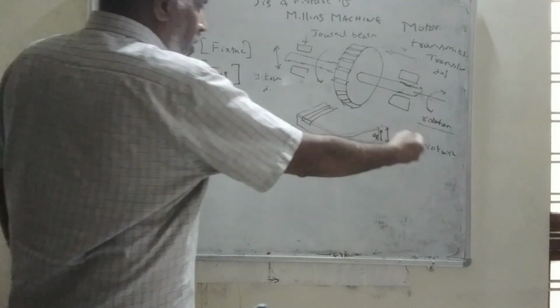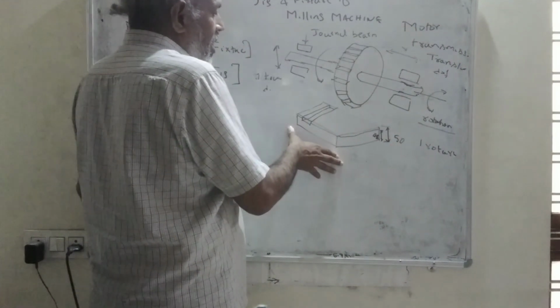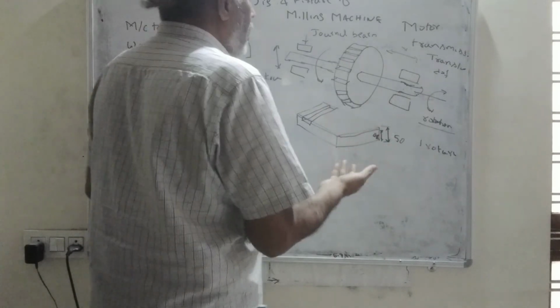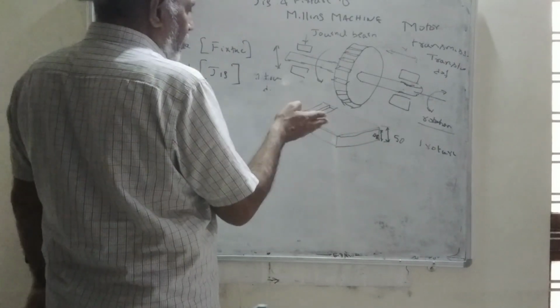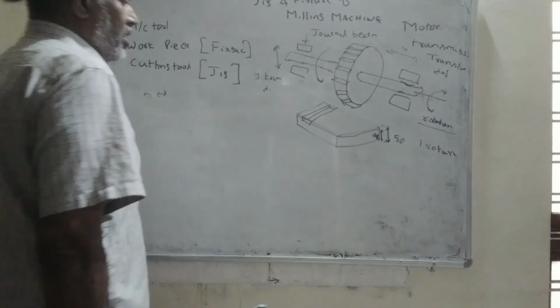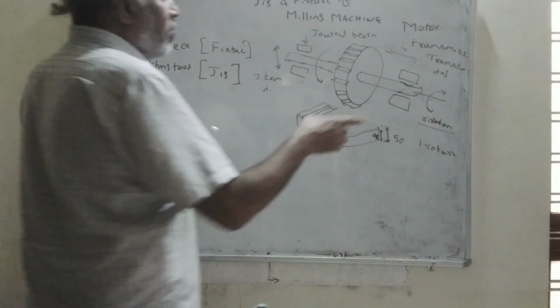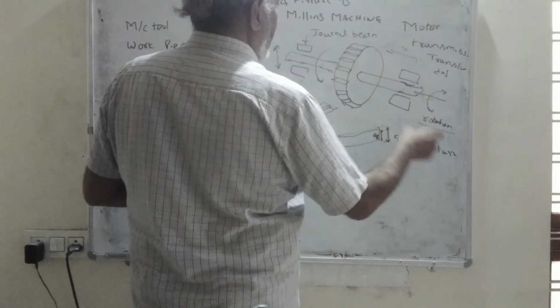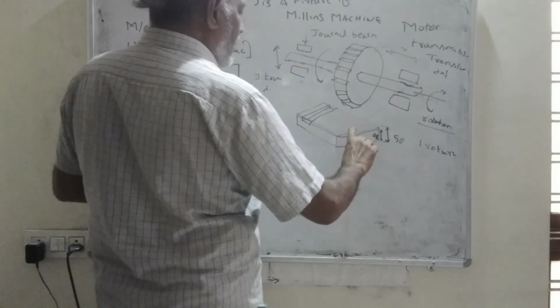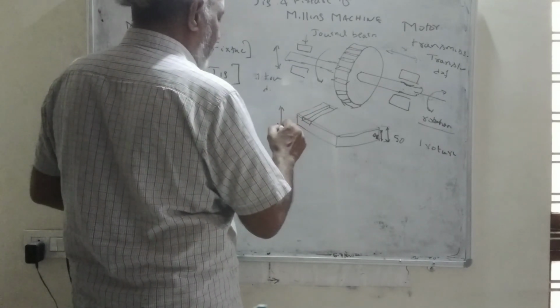If two translatory degrees of freedom are provided to the jig, there is only one degree of freedom you can provide by the fixture.